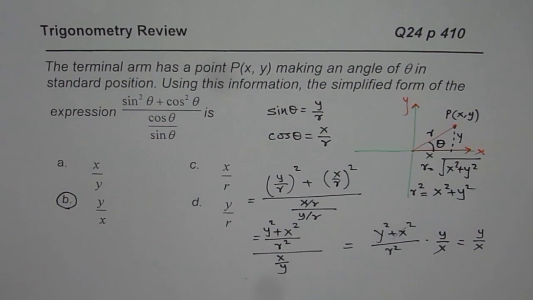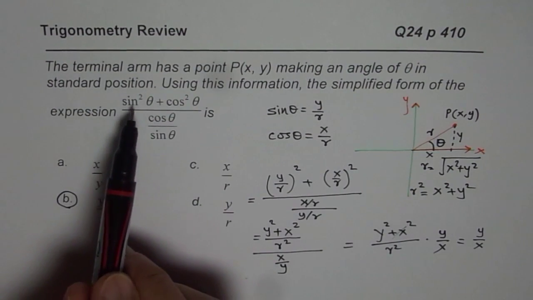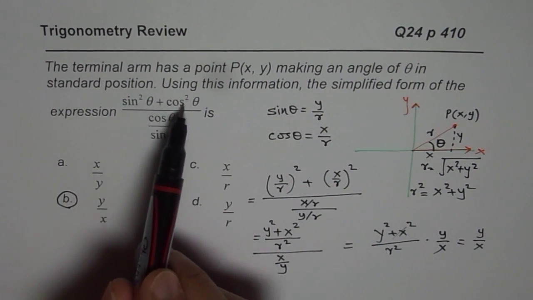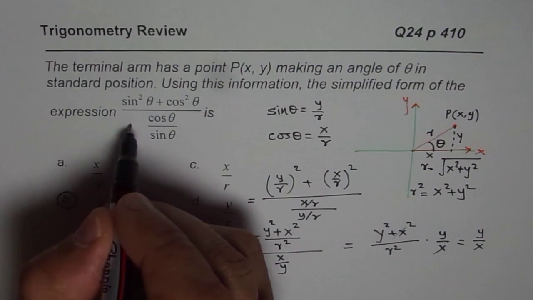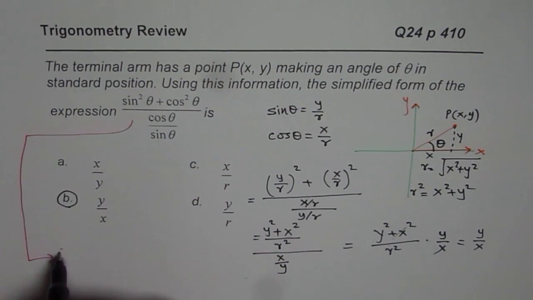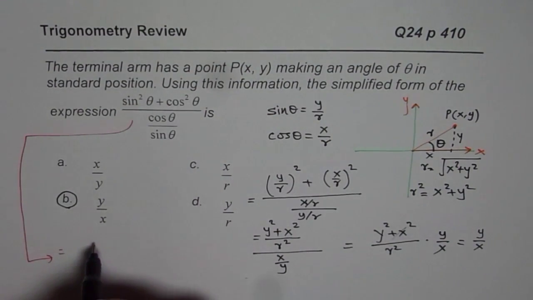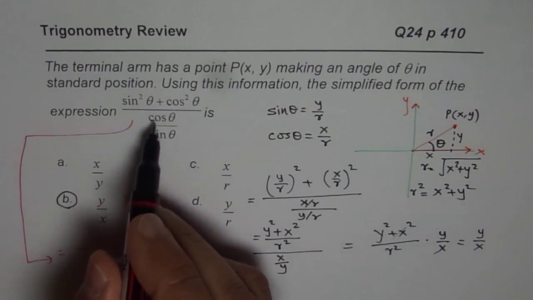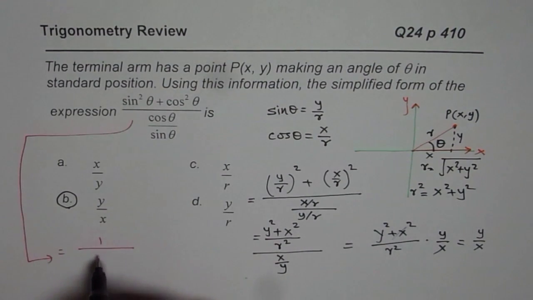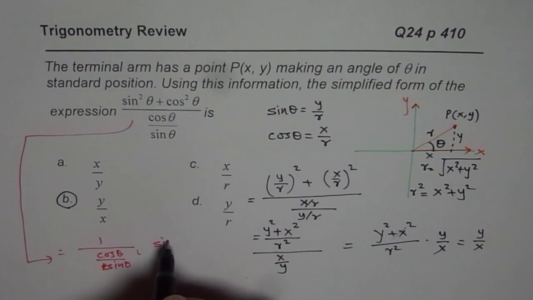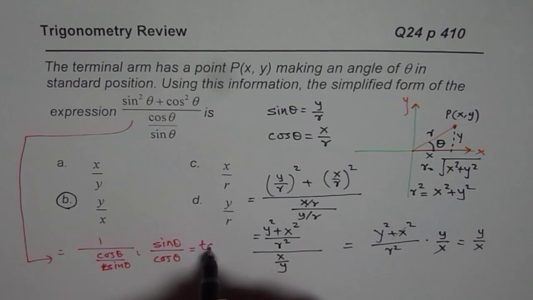However, there is an alternate way of doing it. You know what sine square theta plus cos square theta is. So alternately, we could first simplify this expression. Sine square theta plus cos square theta is 1. So we get 1 over cos theta over sine theta, which gives me sine theta over cos theta, which is tan theta, correct?